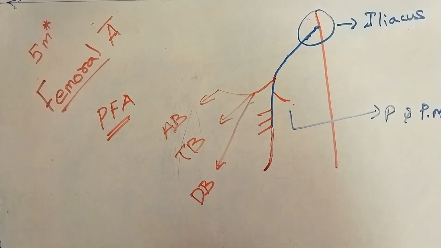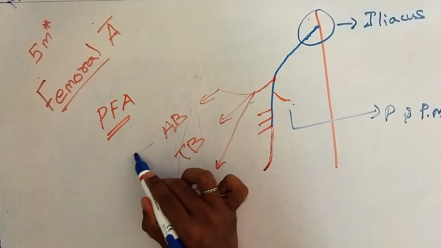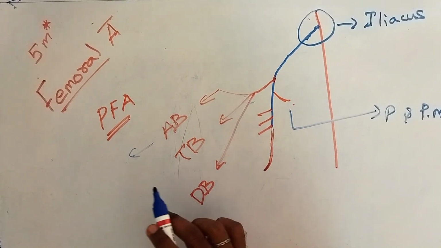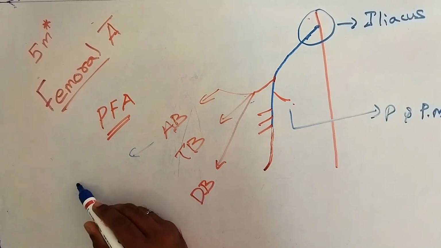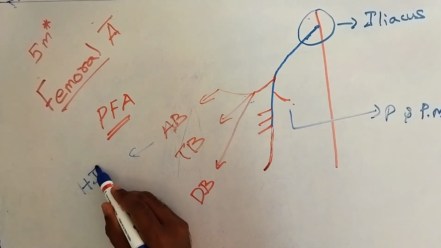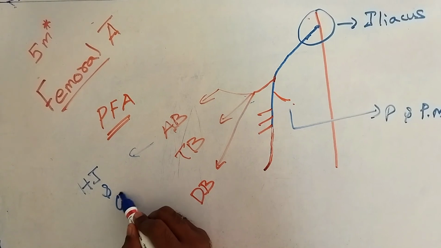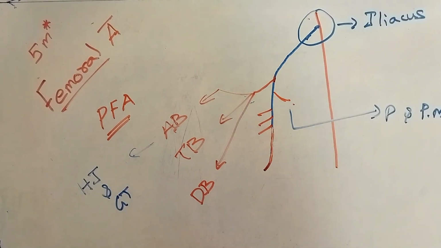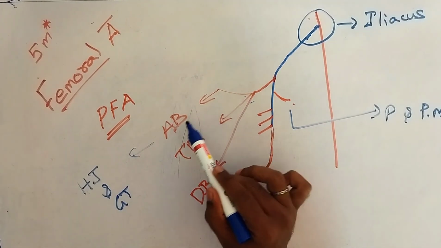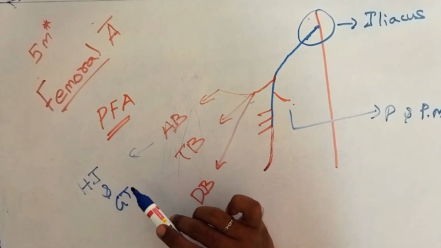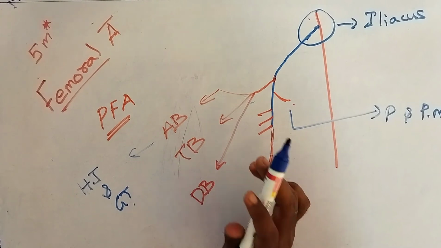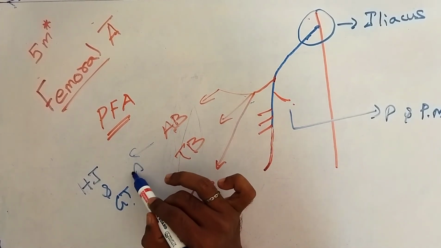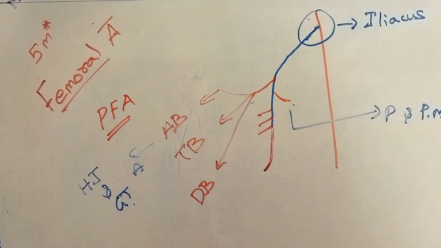The ascending branch runs deep to tensor fasciae latae, and it supplies the hip joint and the greater trochanter of the femur. It forms an anastomosis with the superior gluteal artery.